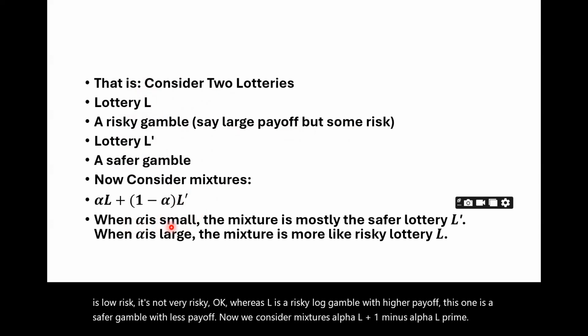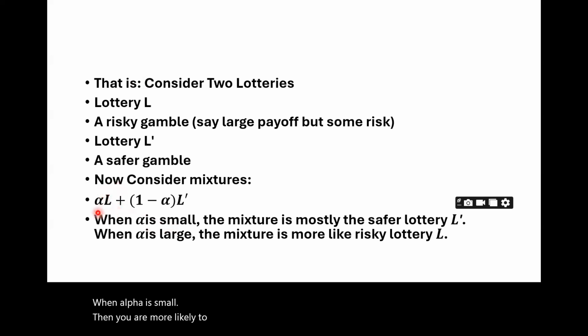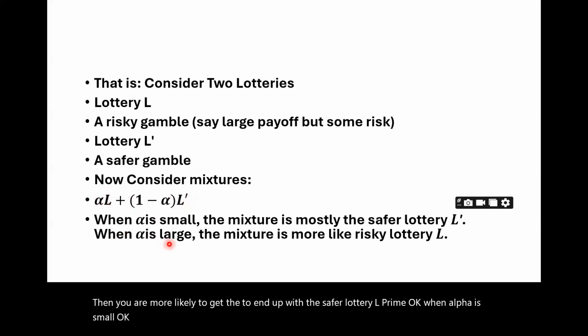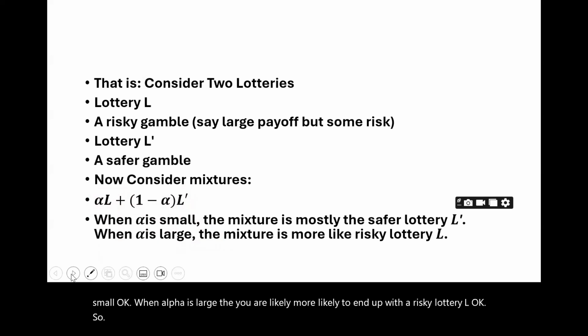When alpha is small, you are more likely to end up with the safer lottery L prime. When alpha is large, you are more likely to end up with the risky lottery L.